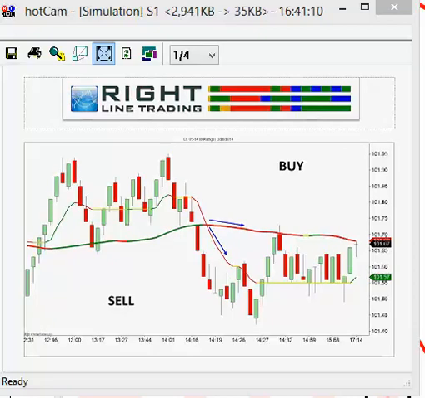And then we've added what is known as a modified 15. It's a 15-period moving average, but it's actually an amalgam of 3 separate lines. And in order for us to take a short trade, we want to be below the 50, and we want the modified 15 to be red. In order for us to take a long trade, we want the 50-period moving average to be green and the modified 15 to be green.